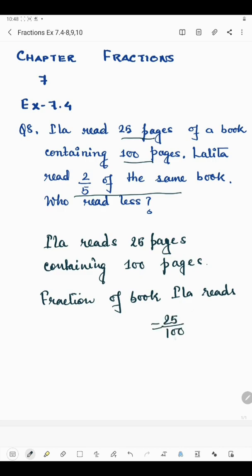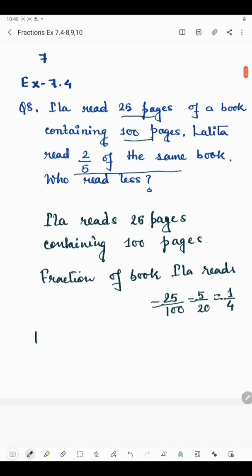Out of 100 pages, Ela read 25, so the fraction will become 25 by 100. Now 25 by 100 can be written as, 5 5s are 25, 5 20s are 100, dividing by 5, to convert it into simplest form. Again 5 and 20 come in 5's table, so 5 1s are 5, 5 4s are 20. So the fraction of the book Ela reads is 1 by 4.